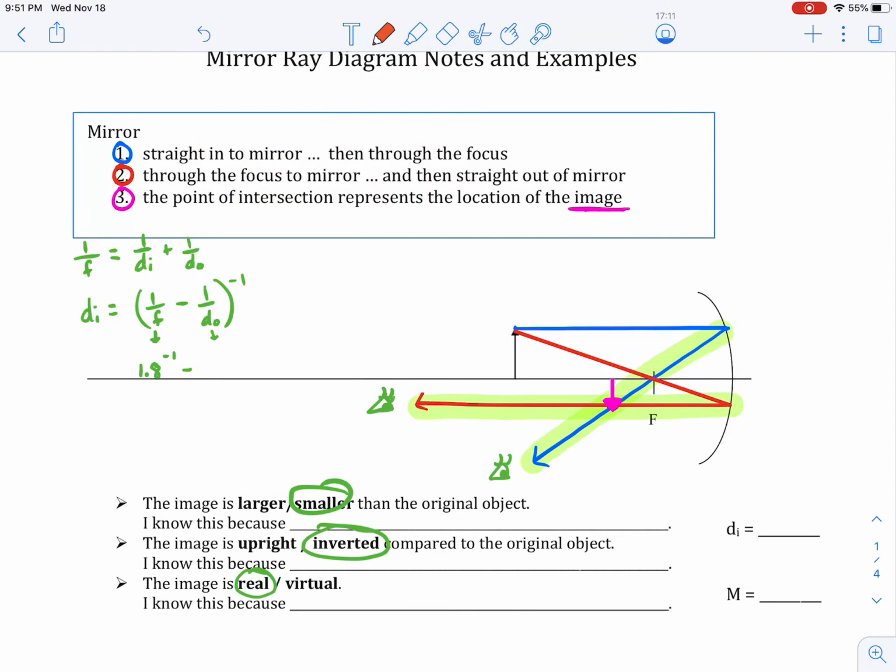I noticed in class that several students were a little unsure where exactly they needed to place their ruler to acquire this measurement. I want you to measure from the mirror to the object along this horizontal axis. We don't want to measure from any other part of our mirror because it's curved, and the curvature will cause some variation in our distance.